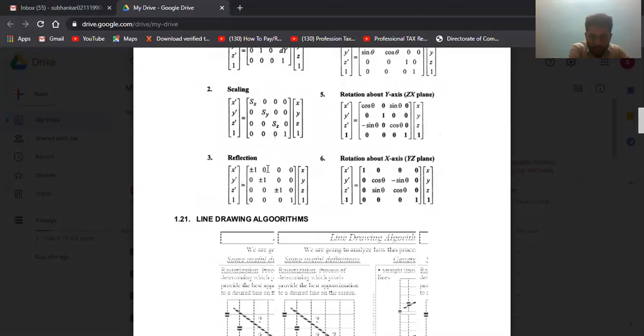The reflection matrix is plus minus 1, 0, 0, 0; 0, plus minus 1, 0, 0; 0, 0, plus minus 1, 0; 0, 0, 0, 1. Why plus minus? If I am getting the reflection about the third quadrant, x will be negative and y will also be negative, so that's why I have written plus minus.